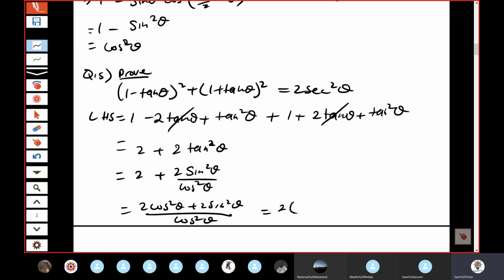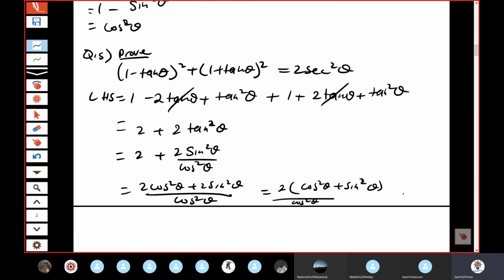Factorize your 2 out. Cos squared plus sine squared is 1, so the answer is 2 on cos squared, which is 2 sec squared theta.